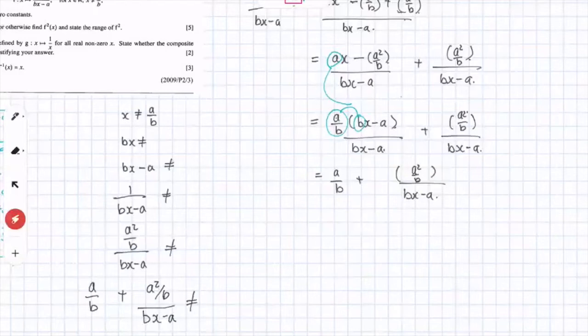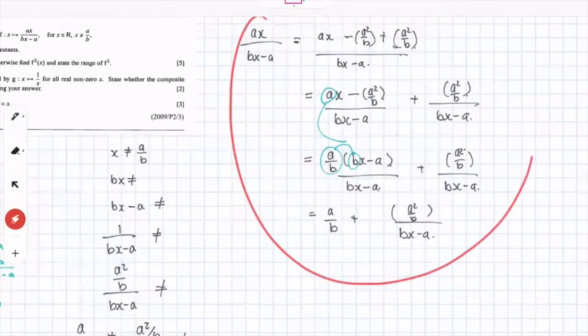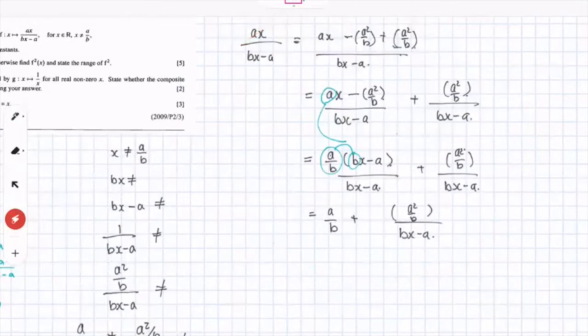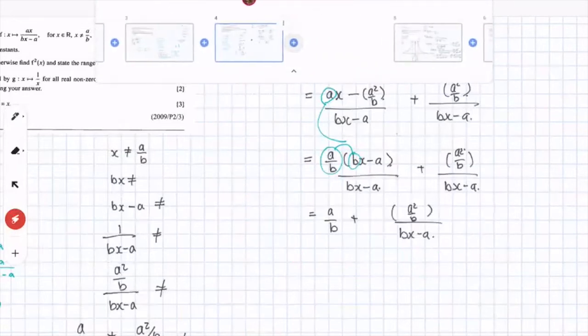Okay, fill up all this. Let me try to understand. Which one you don't understand? This whole part. Or maybe I give example here.